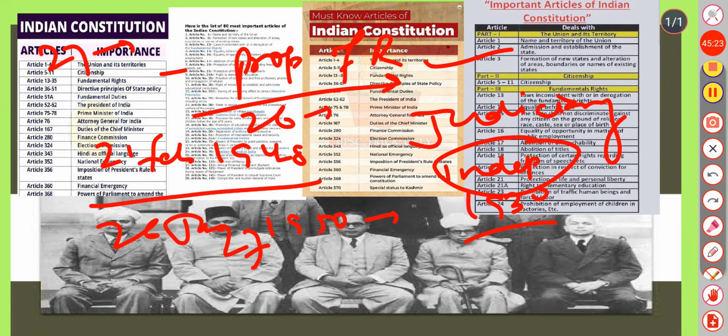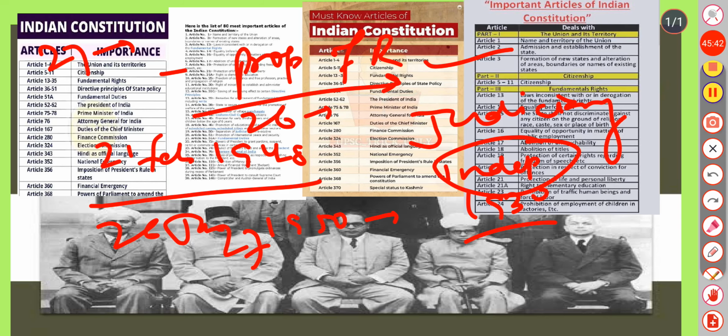Article 27, freedom as to payment of tax for promotion of any particular religion. Article 28, freedom as to attendance at religious instruction or religious worship in certain educational institutions. So these are important.